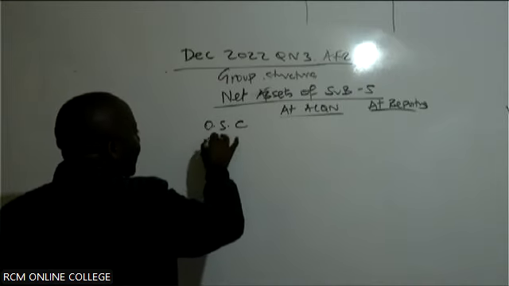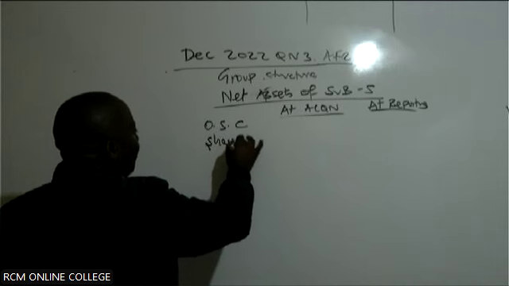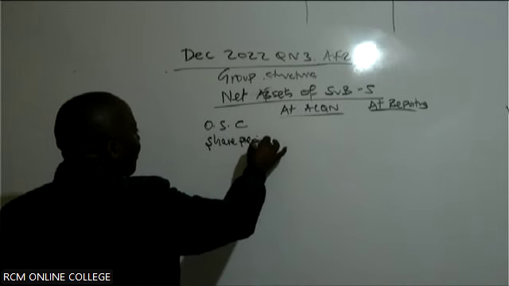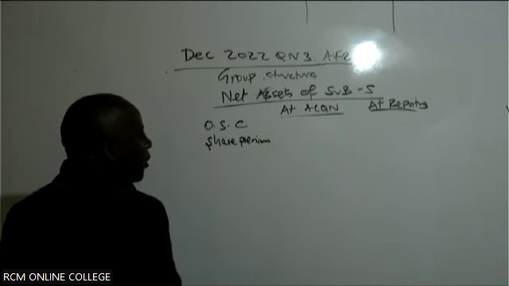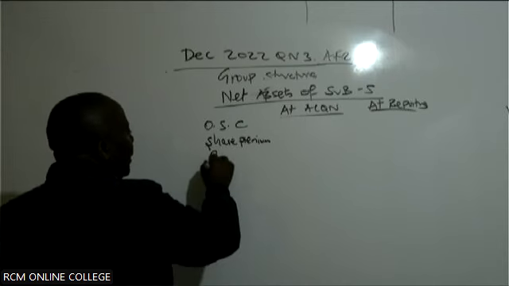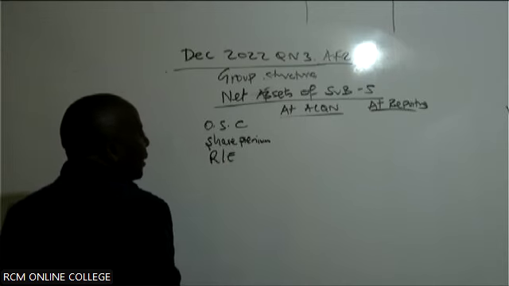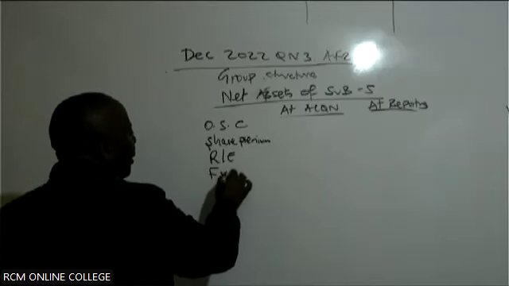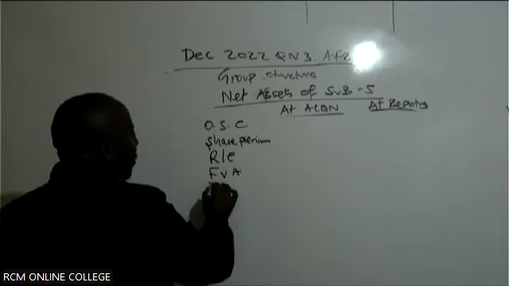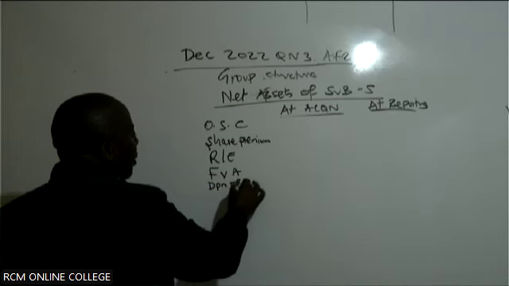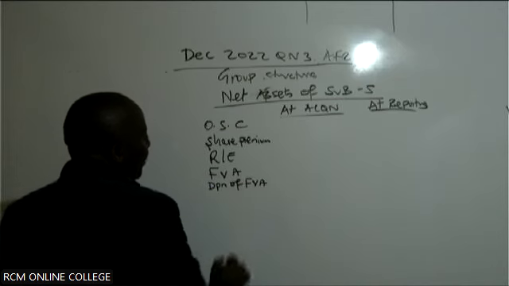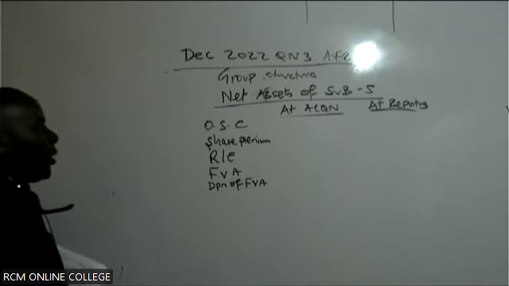We have share premium. We have retained earnings. We have fair value adjustments. Then, of course, I will have depreciation of fair value adjustments.